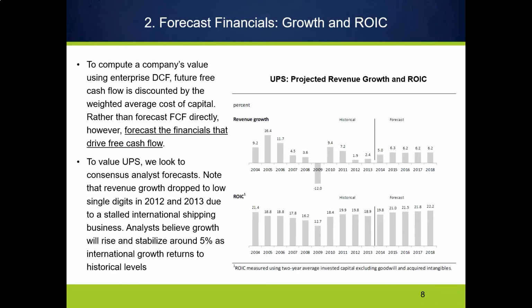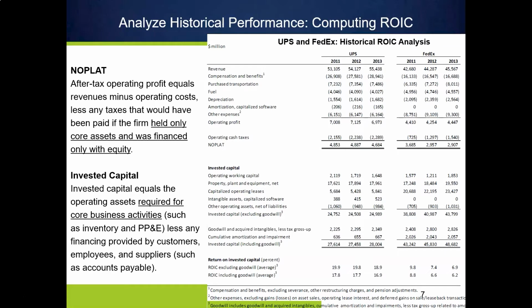I hope you can see that that's not an appropriate way to think about the firm. Because of course, the whole reason we're doing one of these models is because we expect changes to occur. So we're not going to forecast free cash flow. Instead, we're going to forecast every item on the income statement and the balance sheet.